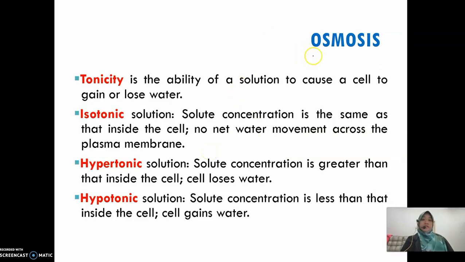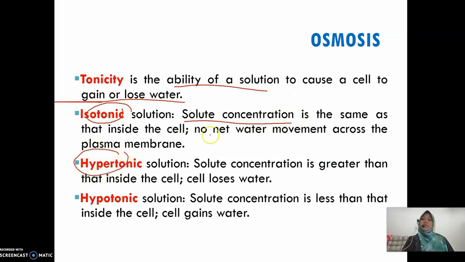Osmosis will affect tonicity. Tonicity is the ability of a solution to cause a cell to gain or lose water. In isotonic solution, solute concentration is the same as inside of the cell.